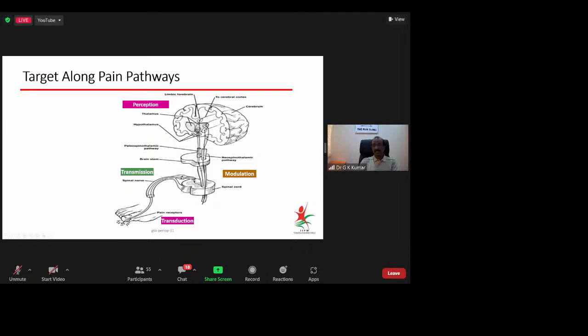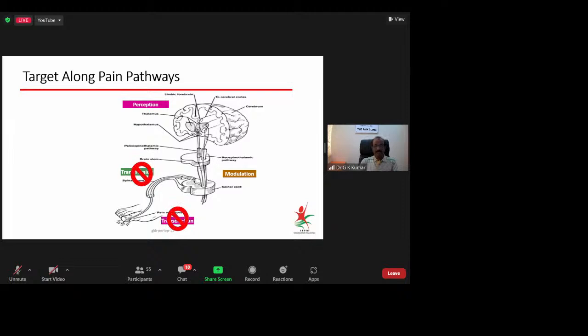These descending fibers alter pain conduction in different ways, both central and peripheral. That is called modulation. This descending modulation helps us reduce further conduction and the intensity of the pain that is subsequently conducted. These are the natural defense mechanisms.